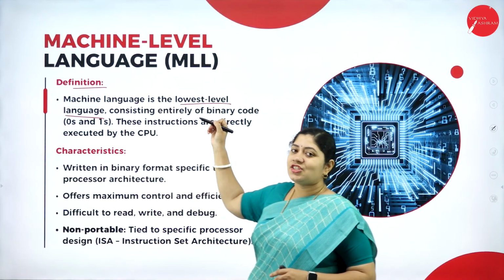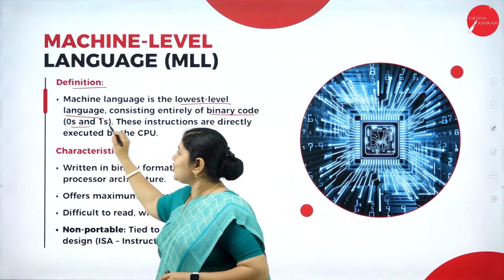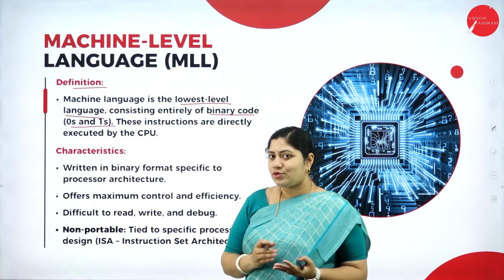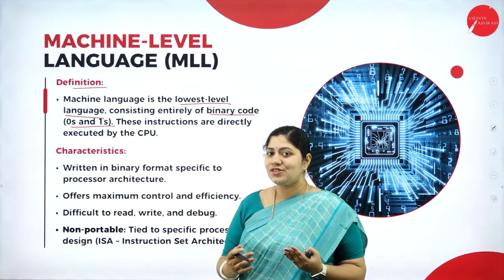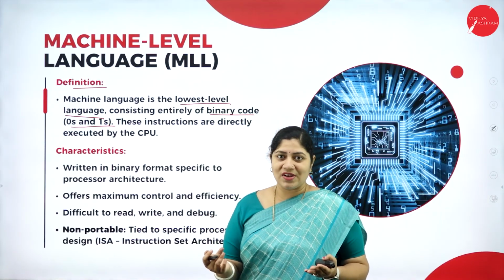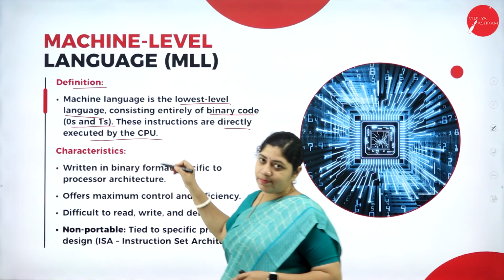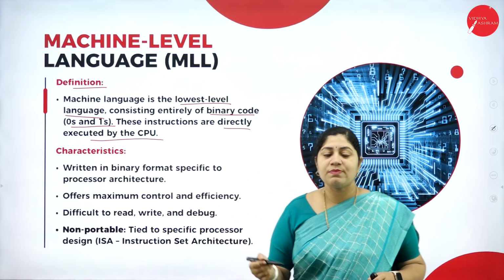As we know, it exactly contains the binary code, that's none other than zeros and ones. And we also know that these instructions are directly correlated to the CPU because it's a machine level language. So it is directly executed by the CPU. Why is it directly executed by the CPU?